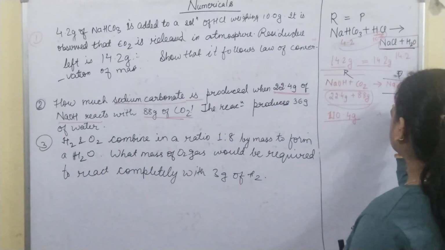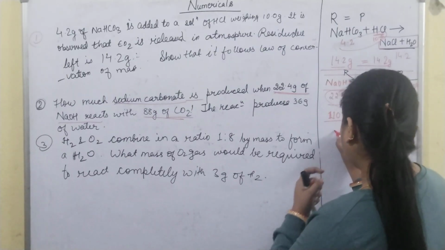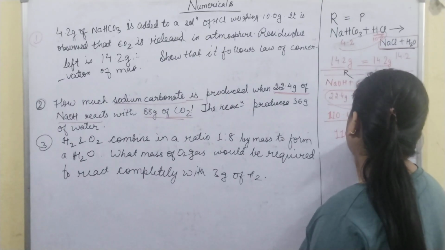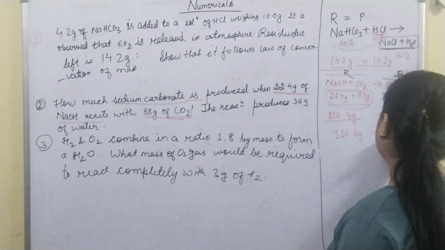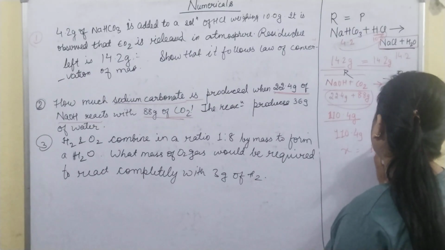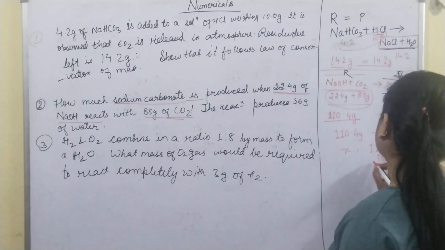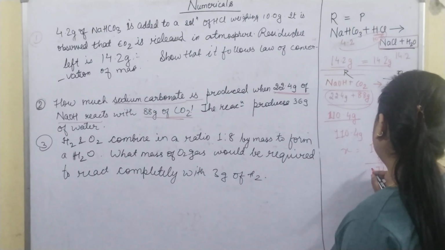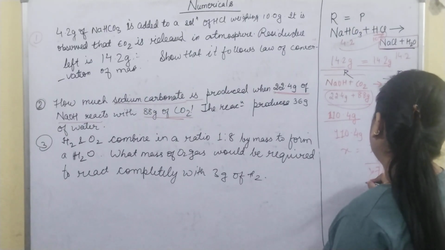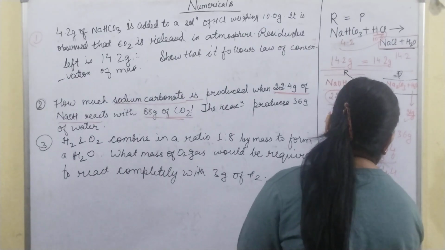If we take the mass of sodium carbonate as X, then 110.4 gram equals X plus 36 gram. So X will be equal to 110.4 minus 36, so X will be 74.4 gram.